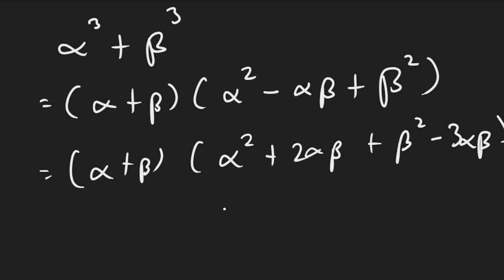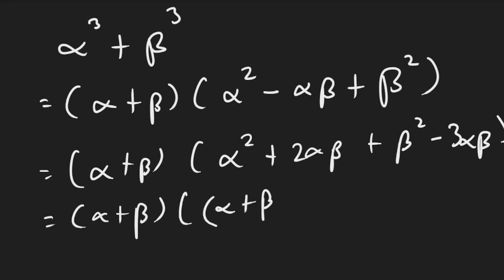Okay, so we have this. Now we can simplify this. It becomes alpha plus beta times, in rectangular brackets, alpha plus beta squared minus 3 alpha beta.